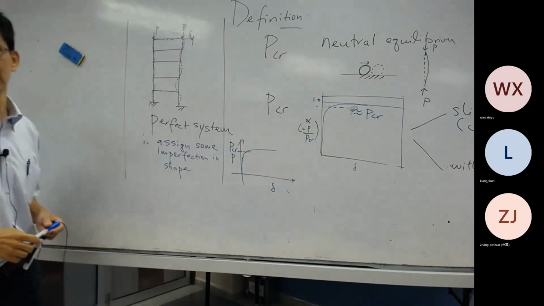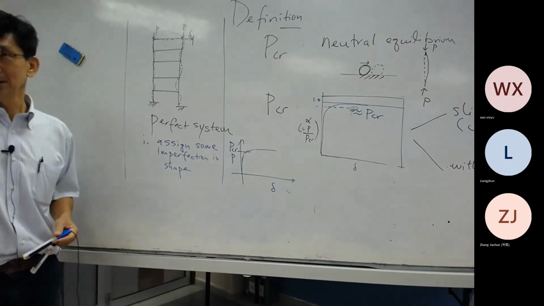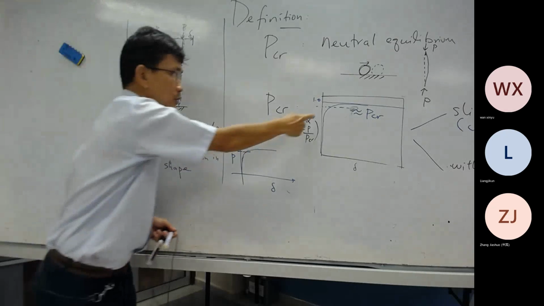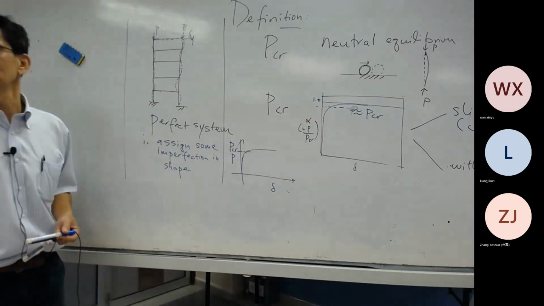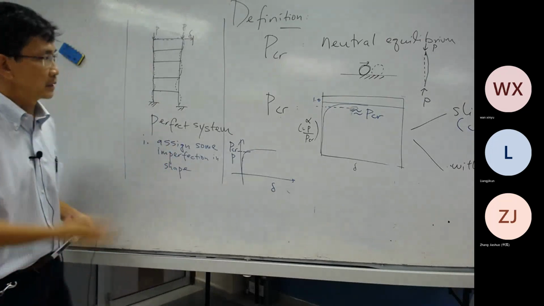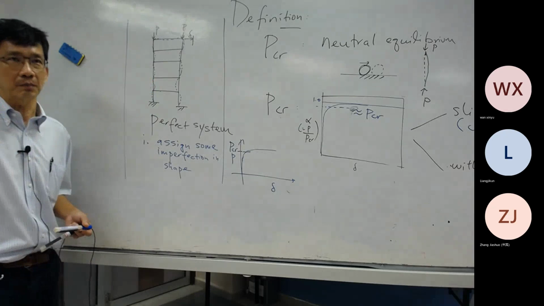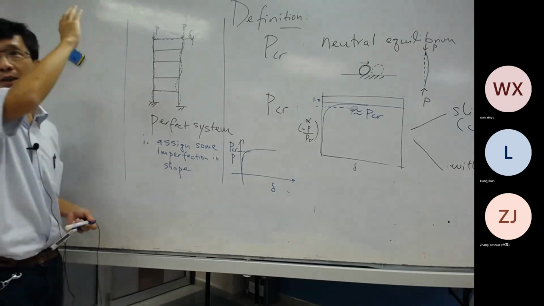This is for simulation. In an actual experiment, you don't have to simulate this. In an actual experiment, you are going to get behavior like this because in the actual specimen, the actual structure is already imperfect. But this is in a computer model. In a computer model, you can model everything very perfectly, everything very straight.